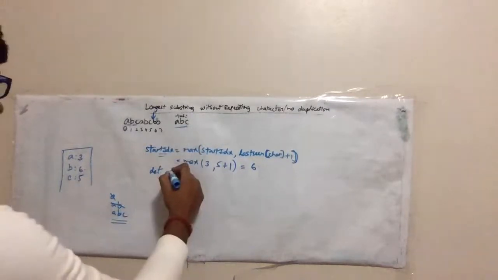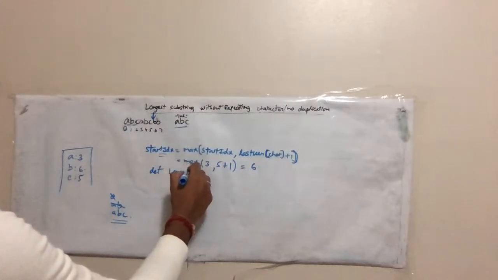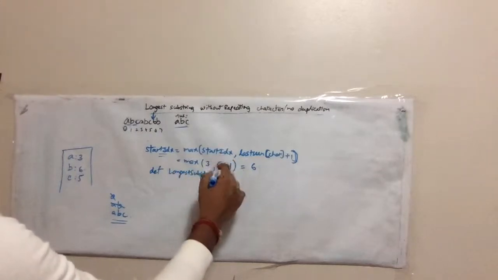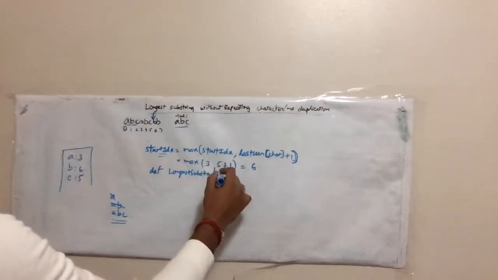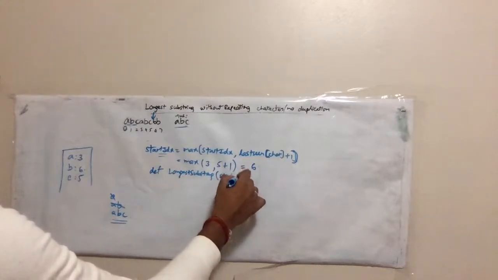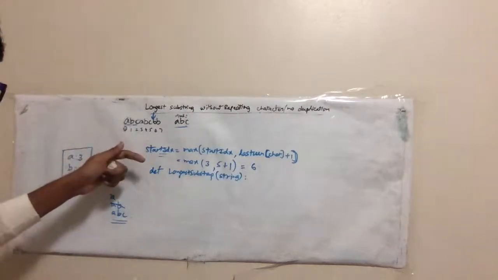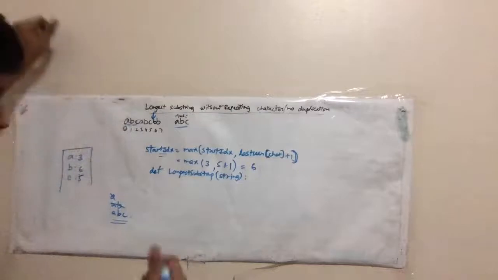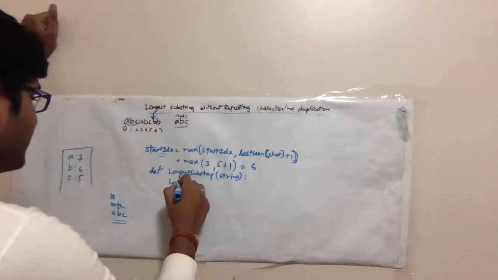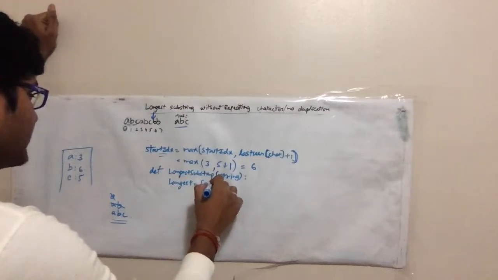Okay, so the definition is longest substring with non-repeating characters. It will take the string as input, and initially it will create the indexes. So it will create a variable longest is equal to 0 comma 1.